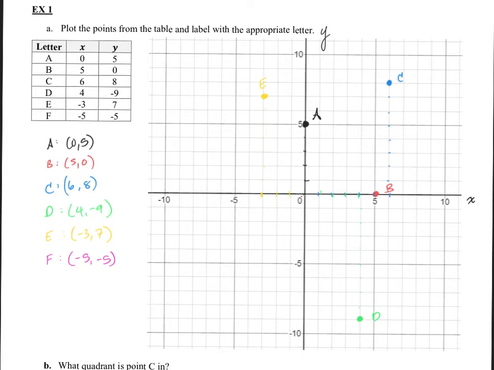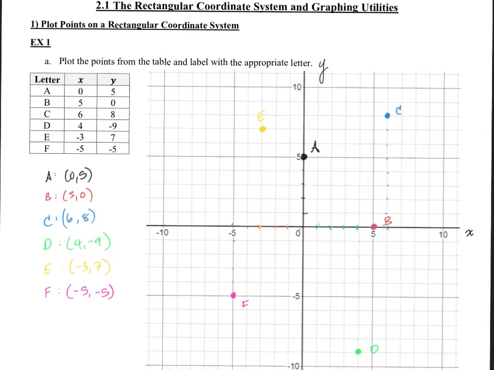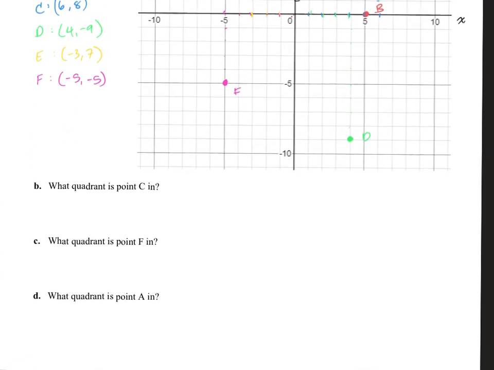And lastly, F, negative 5, negative 5. So back for the x values, and then down for the y's. We have negative 5, negative 5. Alright, and there we go. We practiced graphing some points on the Cartesian coordinate system, also known as the rectangular coordinate system.